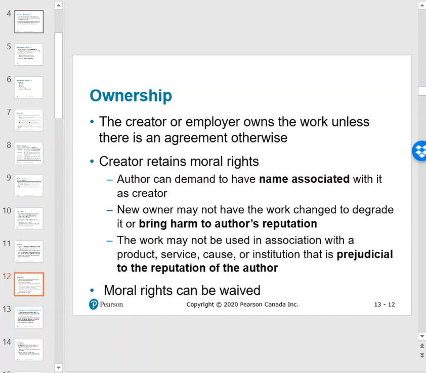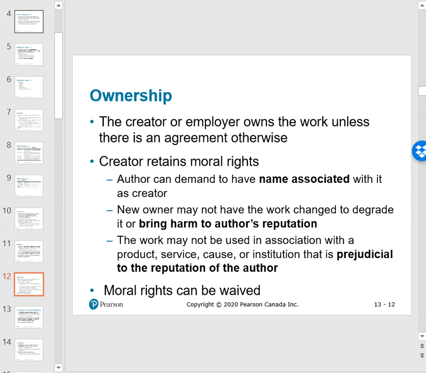So you can transfer when you sell, when you assign copyright to someone else. Let's say you wrote a book and the publisher now wants to buy, to have your copyright assigned to them. So you may transfer both rights or only one of the rights.